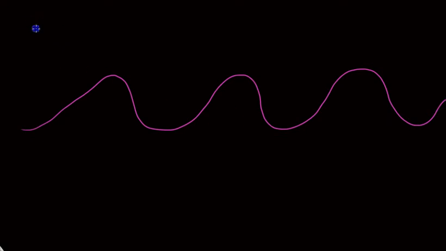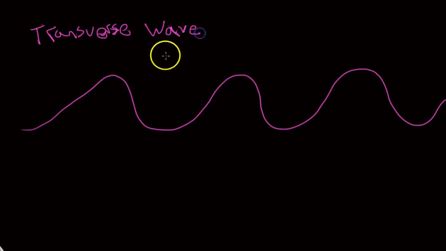And this is the transverse wave. It's pretty easy to look at, and basically what it means is when the direction of the wave is going perpendicular to the direction in which the wave is moving. I know I didn't explain that very well.